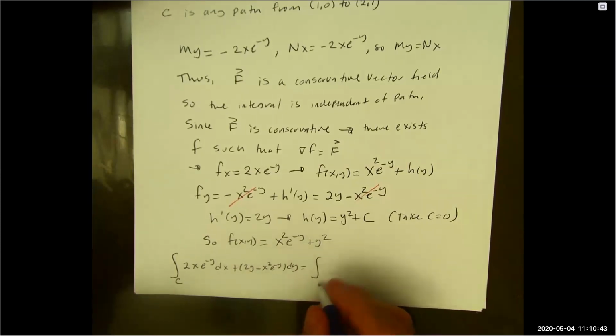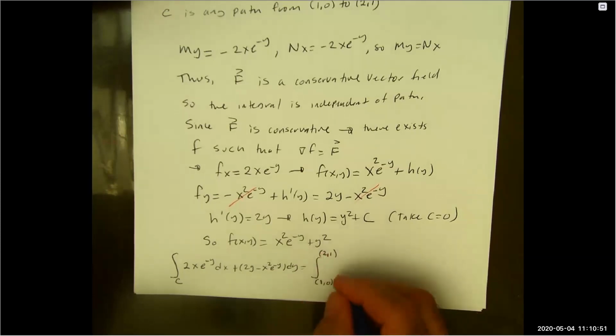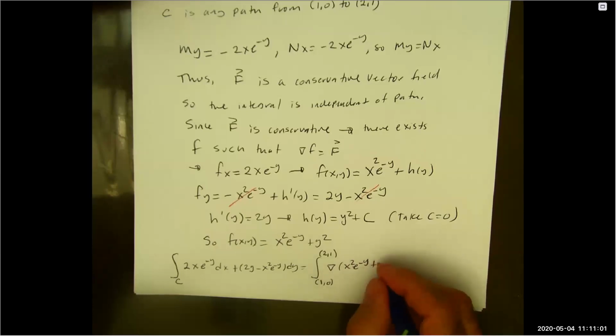It's independent of path. So for any path from (1, 0) to (2, 1), we're always going to get the same answer. And then this is just going to be the gradient of x squared e to the minus y plus y squared.